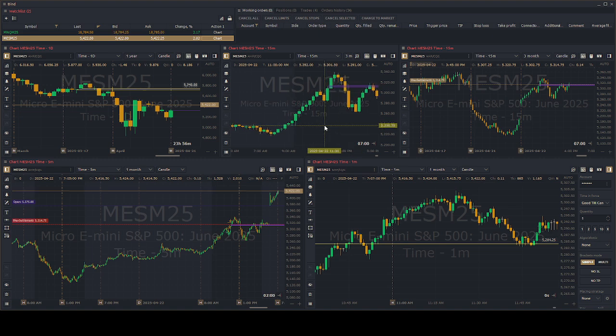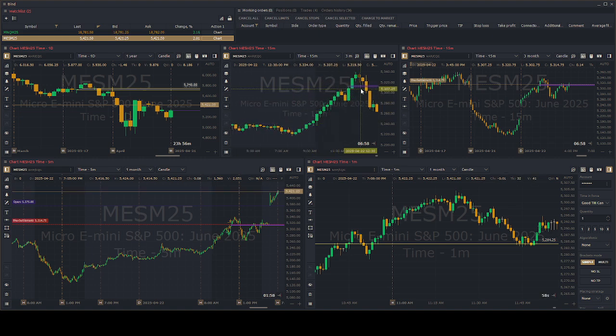Okay, but I did use a concept I got from Al Brooks on this one, and that is that generally, when you see this much of a spike up, the first reversal probably isn't going to be successful. So with that said, this is a 15-minute chart. I'm expecting higher prices and then maybe later a reversal, right?